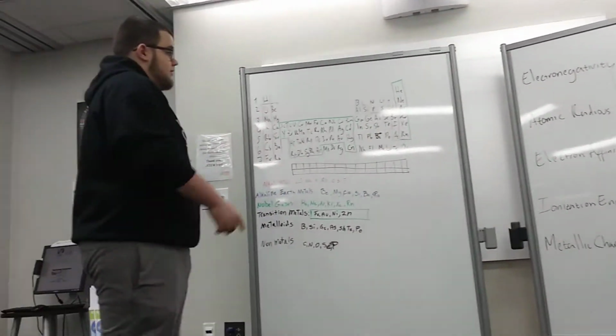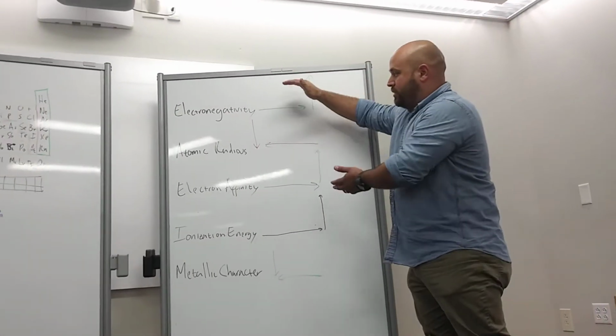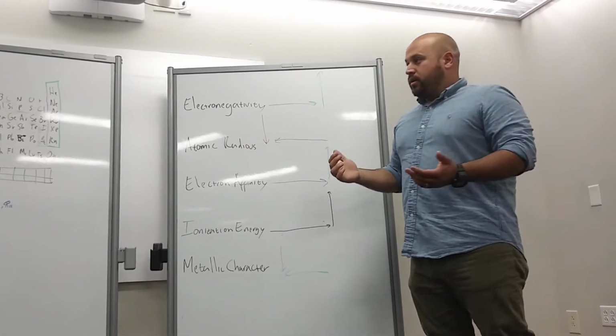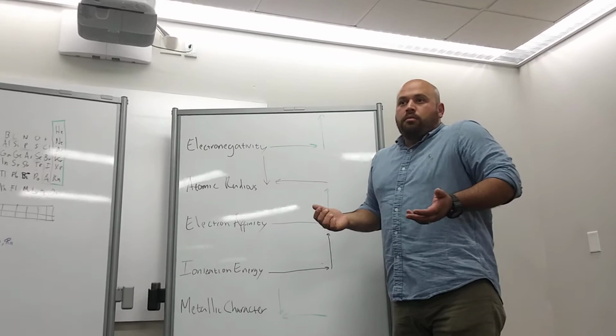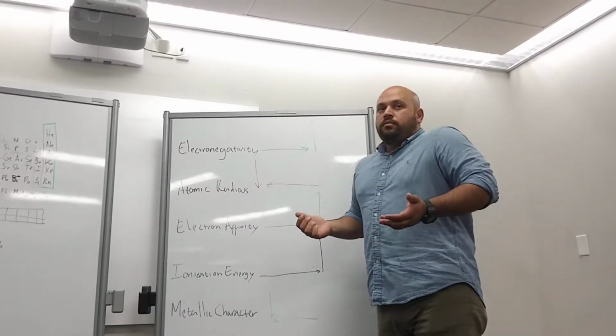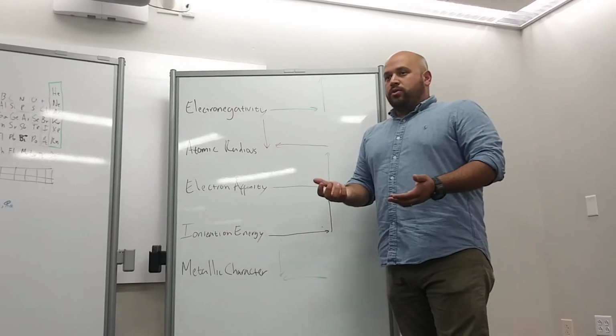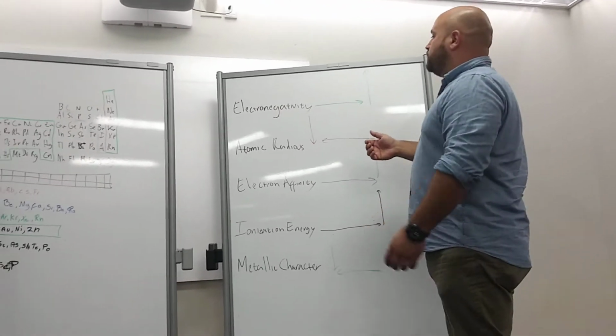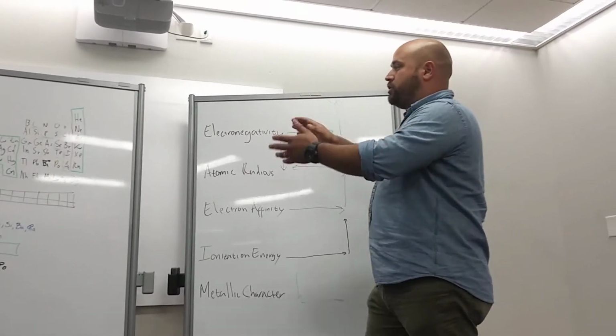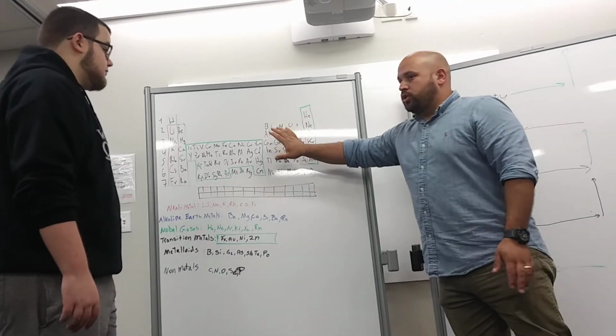So now we're going to describe some of the trends within the periodic table, but it's really natural phenomena that happens to elements, and their patterns in relation to the chart.